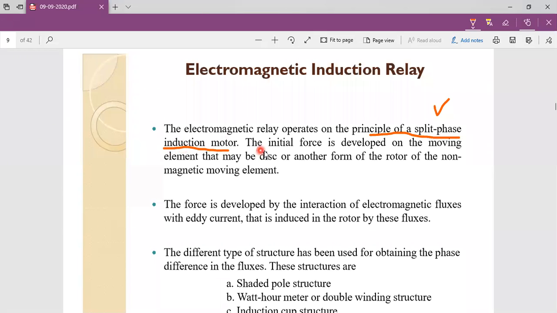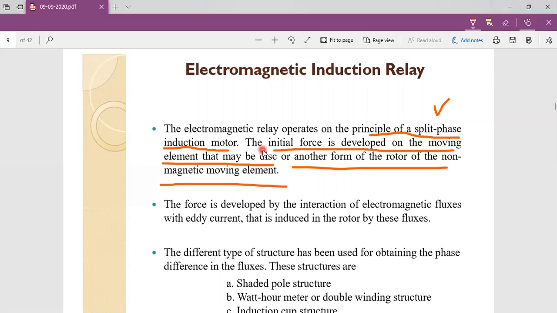Now the initial force is developed on the moving element. That may be a disc or another form of rotor, a non-magnetic moving element. The rotor part may be disc shaped or cup type, no problem.